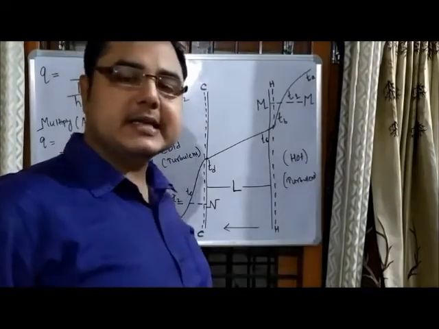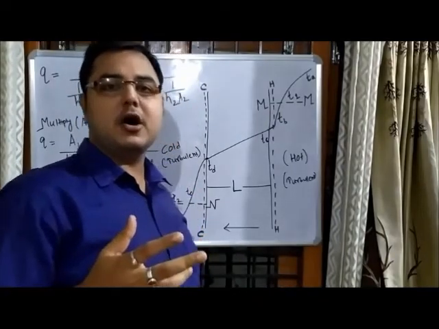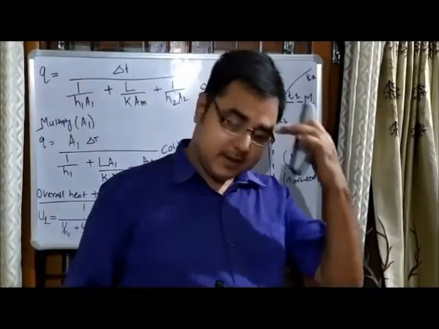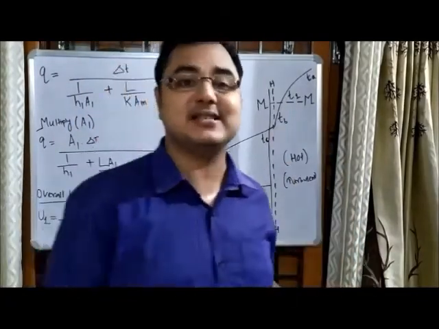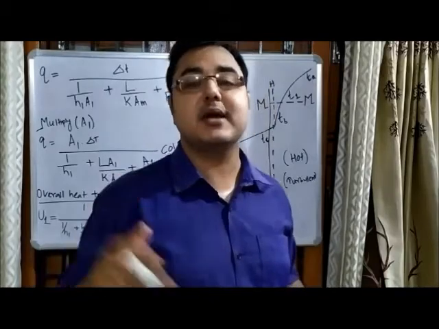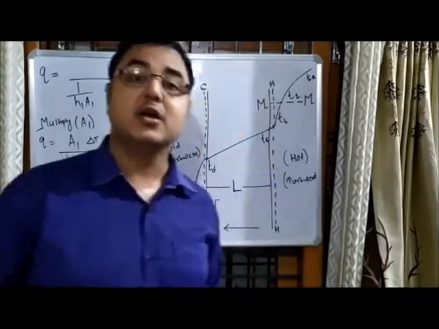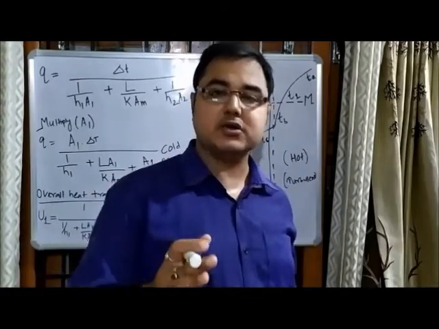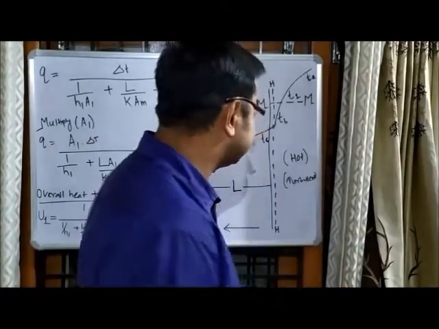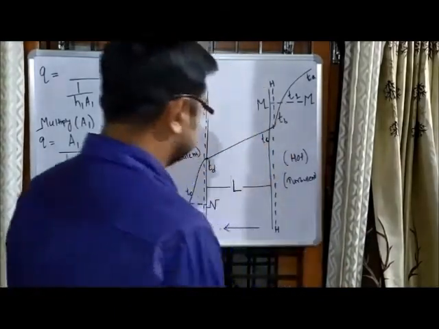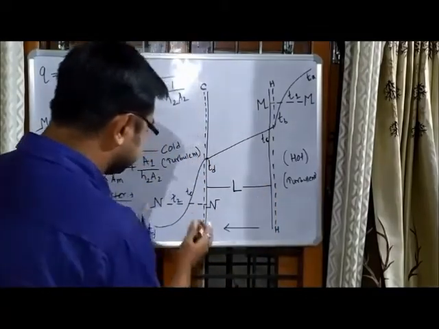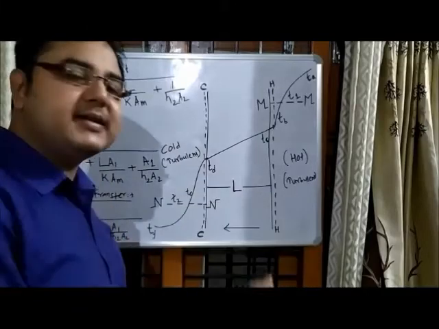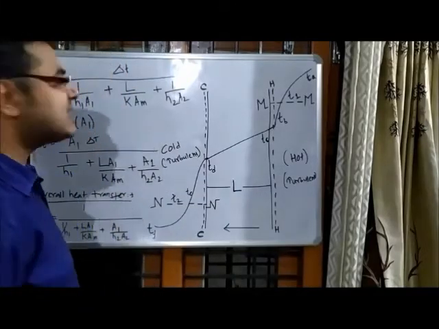Now we have already discussed the calculation of thermal resistance. We know that the thermal resistance can be summarized, as we have already done in the process of conduction through walls. So here also, the resistances at this part, this part, and this part can be summed as they are in series.